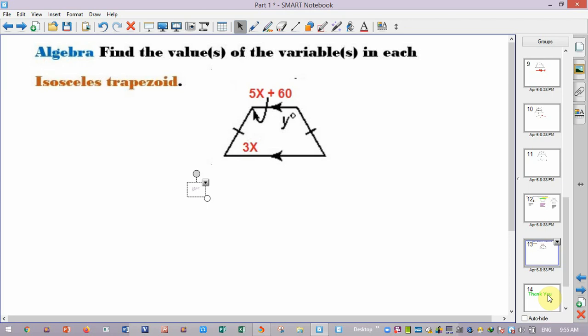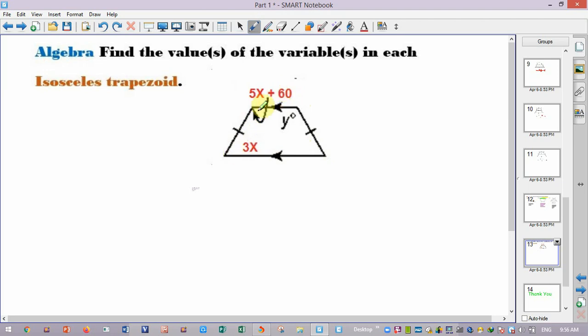Find x and y. The relation between x and y: 5x plus 60. Two variables, I think difficult. What's the relation between this angle, because it contains x, and this angle, because it contains x? Only one variable. They are parallel lines and a transversal. Then the sum is 180. Excellent.